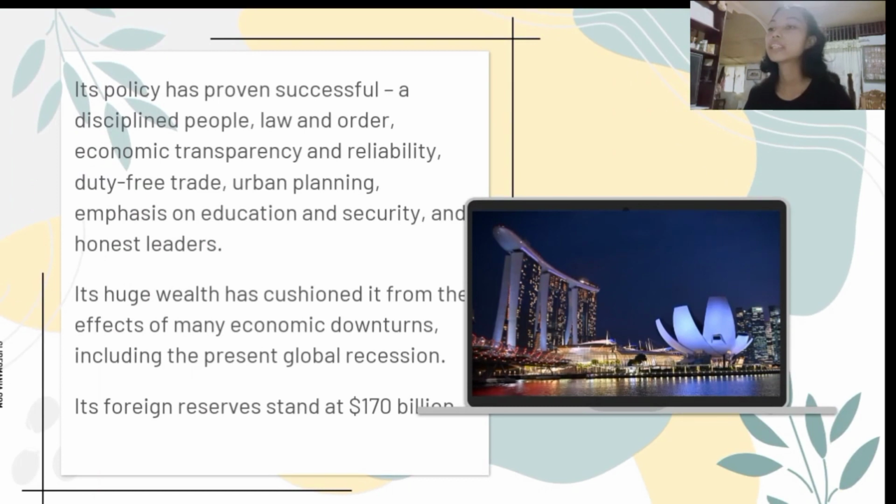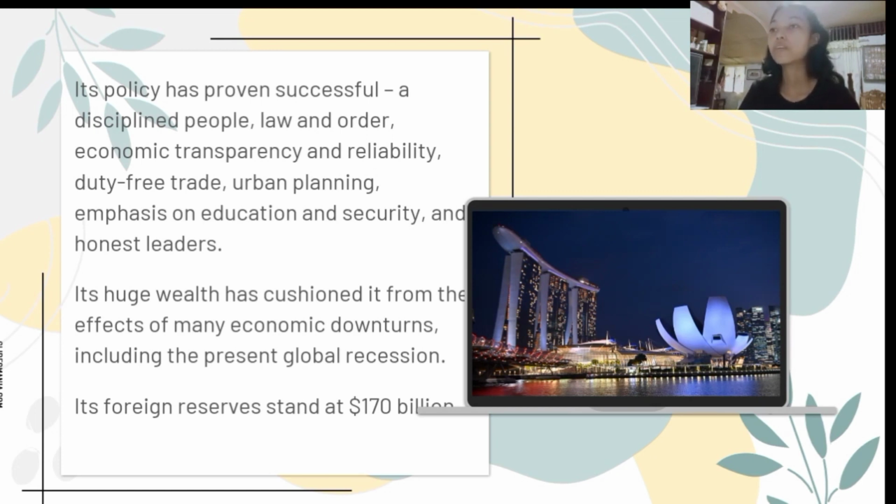We can see that Singapore is very successful despite its size, and it is known that it has little to no natural resources at all, yet it is richer than most Southeast Asian countries. Its policy has proven successful.